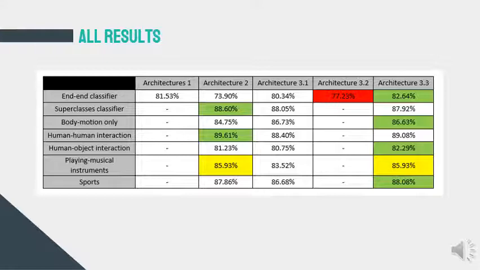And when this architecture was applied to experts that are different from the end-to-end, so the superclass classifier, the body motion, and so on, it performed similar to those experts in Architecture 2, sometimes better, like in the body motion, the human-object interaction, and in the sports, sometimes worse, like in the superclass classifier and the human-human interaction, and tying in the playing musical instruments category.